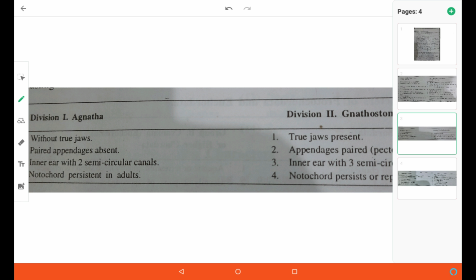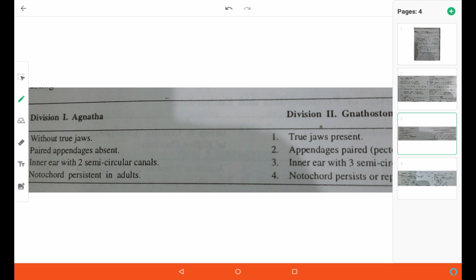The difference between the jawed and jawless vertebrates. Agnatha were ostracodermi and cyclostomata. I have told you when I taught the broad classification of chordates that agnatha included two classes, ostracodermi and cyclostomata. Agnatha were without jaws.